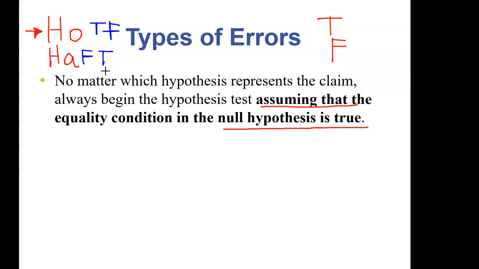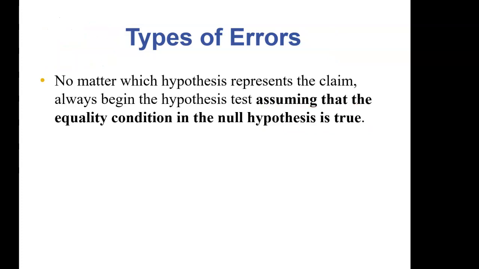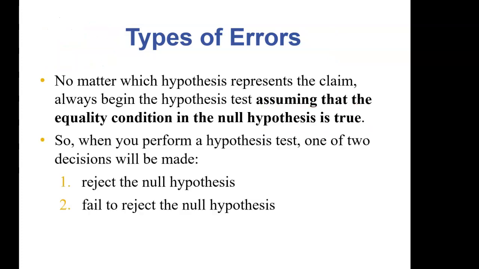But the way you start your hypothesis testing is always by assuming your null hypothesis is true. So you either have to prove it or disprove it. If the null hypothesis is true, by default, alternative is false. If null is false, by default, alternative is true. Okay, so now let's go ahead and see what the next part is.